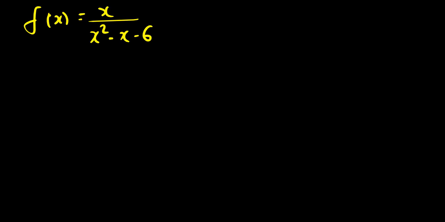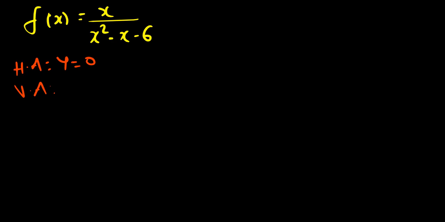So we have a quadratic expression down. What will be our horizontal asymptote? We have to look at the powers of x. The power in the denominator is greater than in the numerator, so our horizontal asymptote will be at y equals 0, right? Then what about our vertical asymptote?